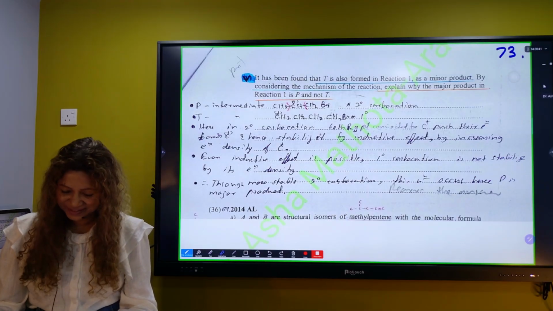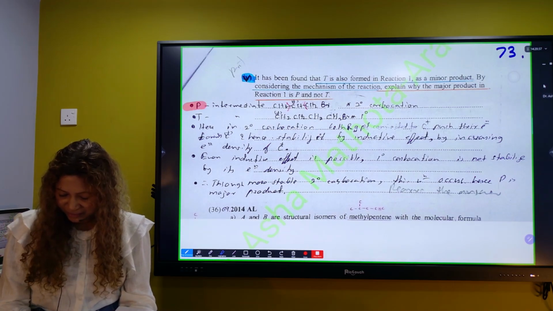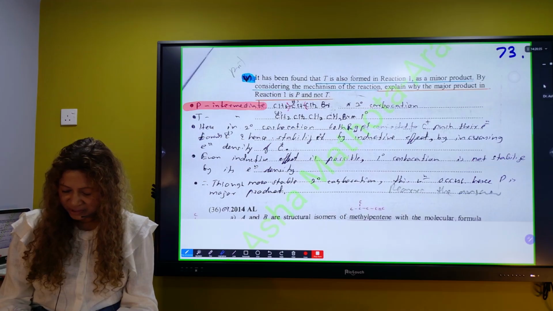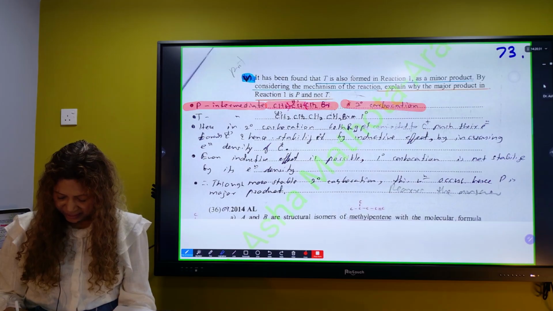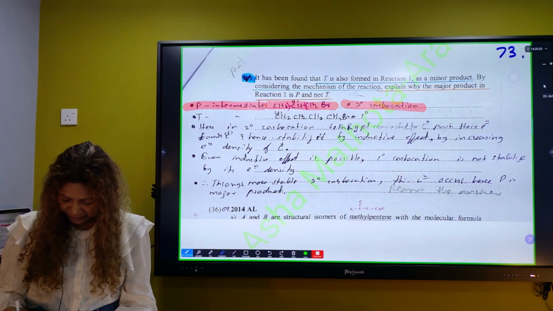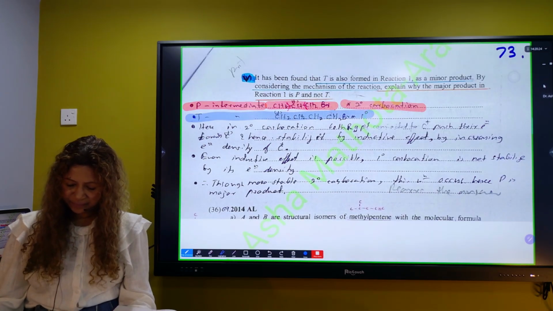Okay. Make it answer P, intermediate of P. You're going to show this secondary carbocation. That's the secondary carbocation. And then the intermediate of T is a primary carbocation.